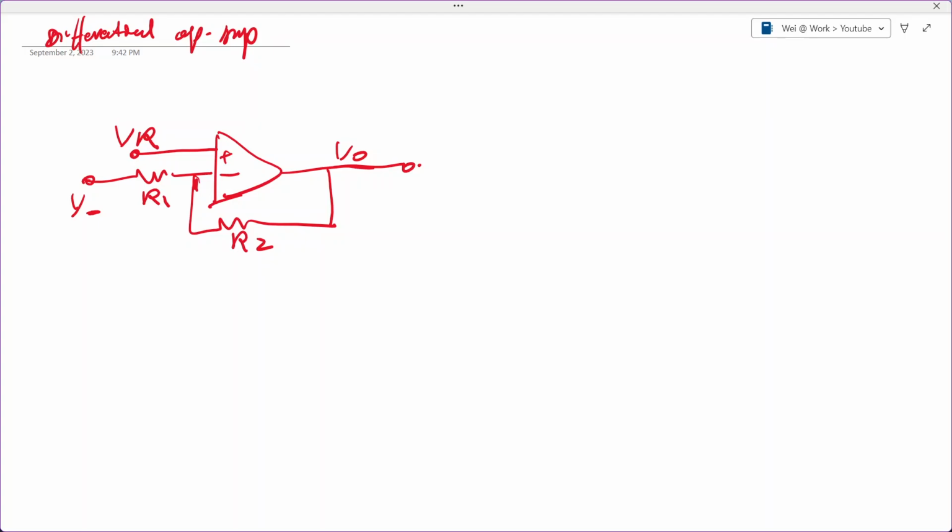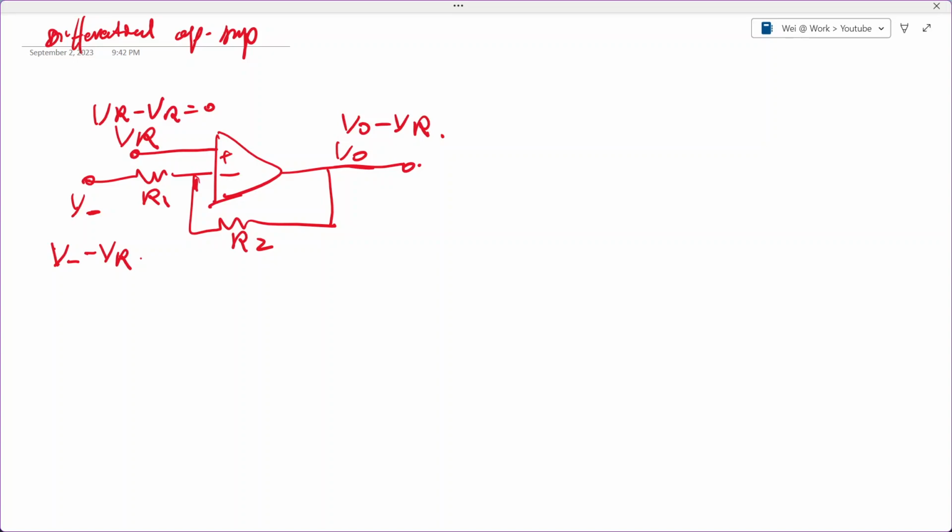So the input V minus becomes V minus minus VR, VR minus VR here is 0 volts, and V out minus VR. When you reference all the voltages to VR rather than to the real ground of 0 volts, you can quickly write out the transfer function for these configurations.